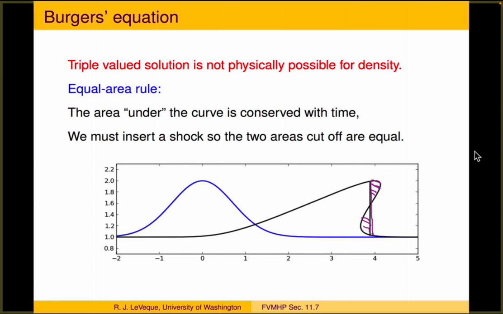And you can show that even after it starts overturning, the area underneath this deformed curve has to be equal to the original area. So if you're going to take the triple valued thing and replace it with a single valued function that has a discontinuity, then the area under that new wave with the discontinuity in it also has to be equal. So we have to cut off equal amounts on either side in order to conserve mass, basically.